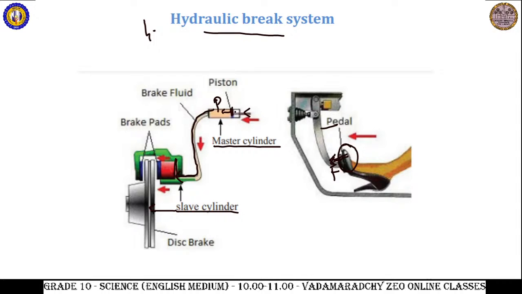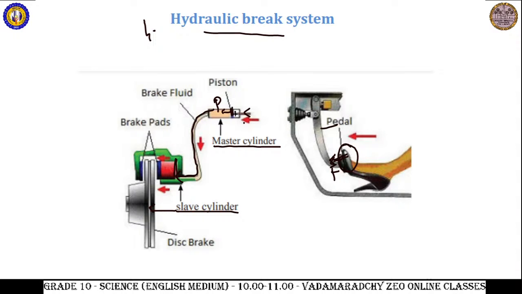When the driver applies a force on the brake pedal, it is transmitted to the piston in the master cylinder. So it exerts a pressure on the fluid in the cylinder, that is the oil.